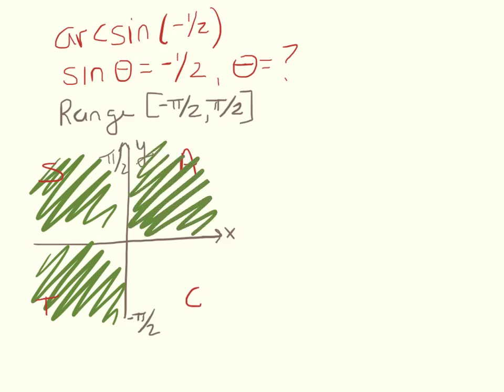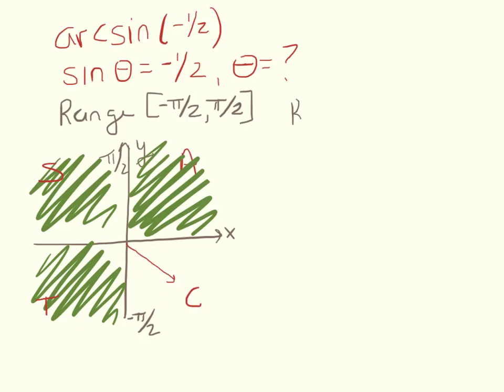And now we know that our angle must be in the fourth quadrant. So to recap quickly, we determined what quadrant this angle would lie in by using the range of arcsine that helped us rule out quadrant 2 and quadrant 3, and also by our knowledge of the signs of each of the trig functions. We knew that the sine of our angle has to be negative, so that ruled out the first quadrant, so our angle must be in the fourth quadrant.